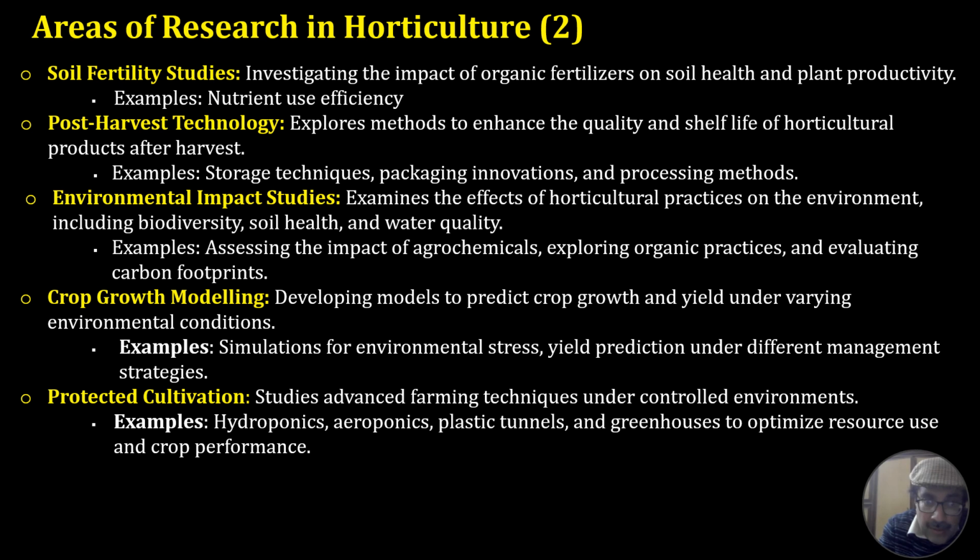In this research area, we basically aim at devising various effective horticultural practices that may reduce the adverse impacts of climate change on the growth, development, production and quality of horticultural crops. Examples would include assessing the impact of agrochemicals, exploring various organic practices, and evaluating carbon footprints.